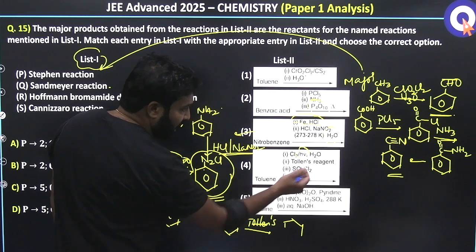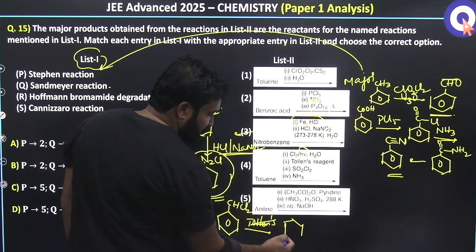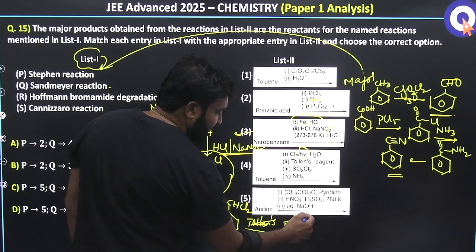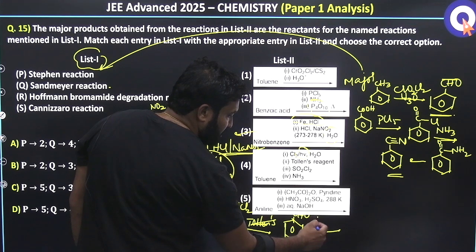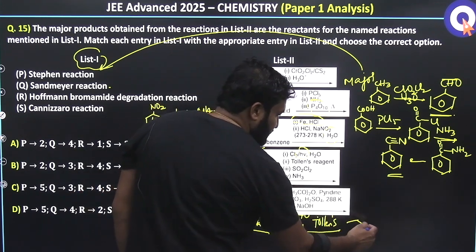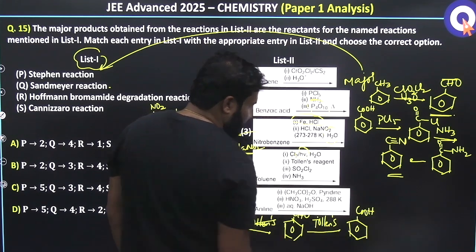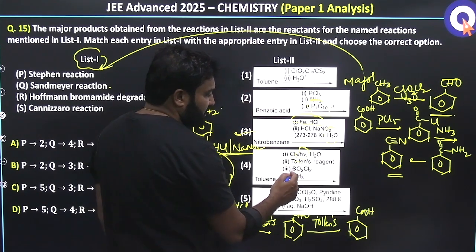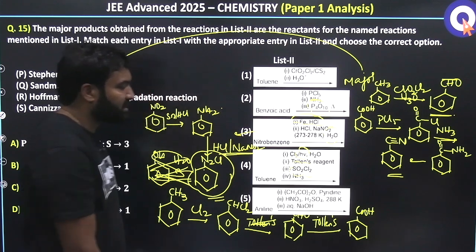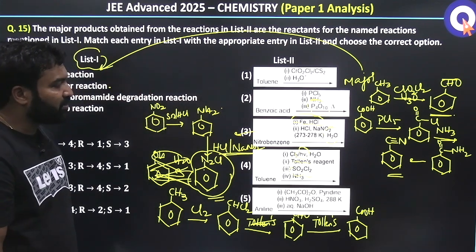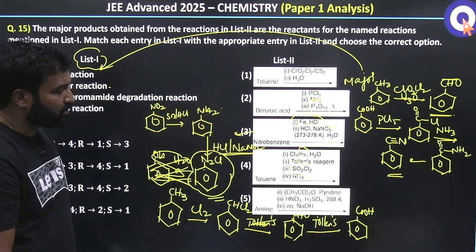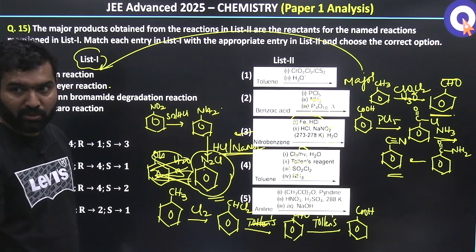Before that, hydrolysis is there. So it will become aldehyde, benzaldehyde, which on reaction with Tollens reagent will be converted into COOH. And this SO2Cl2 he has given, but if it would be SOCl2, that would be a better option.